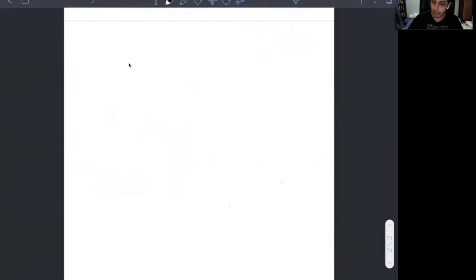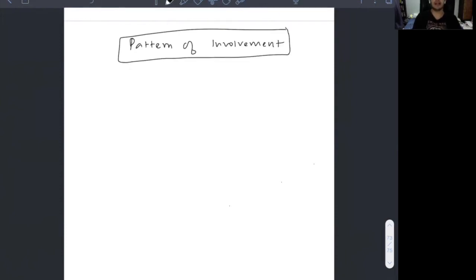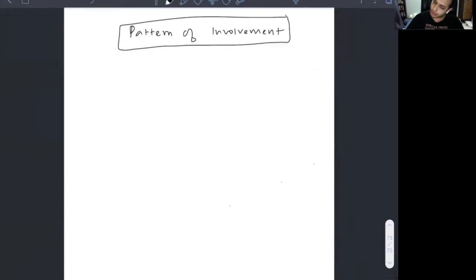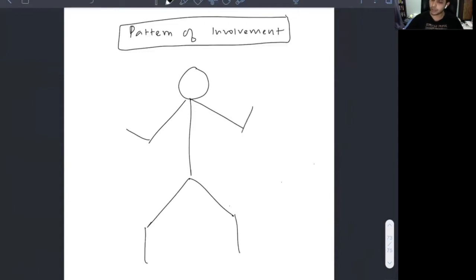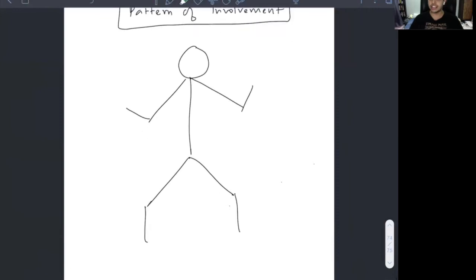Now coming to the next part in diagnosis of myopathy, which is pattern of involvement. Just like in a case of quadriparesis, if you remember, you had all different forms of involvement.